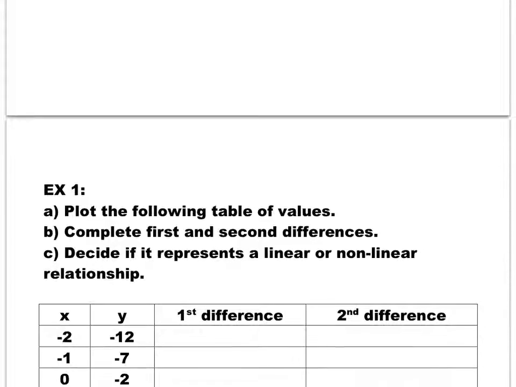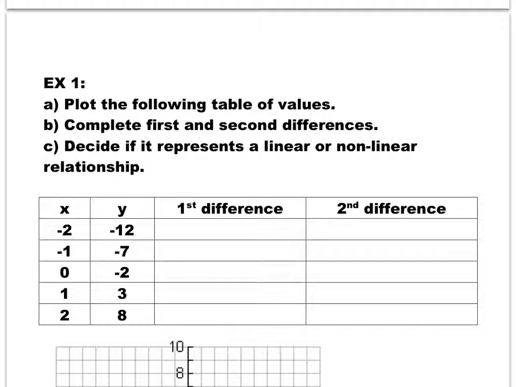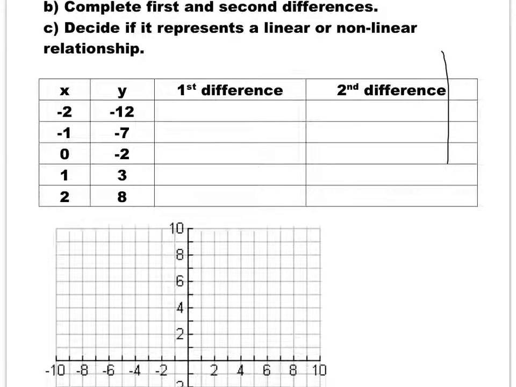Now let's go and do some examples here. The first example says, given the following table of values, first plot this table of values. So let's go ahead and plot this table of values.